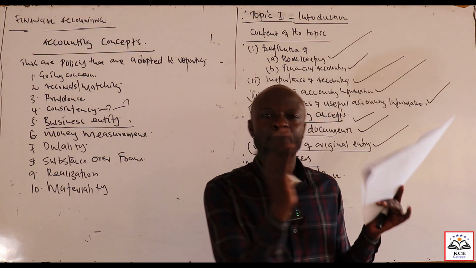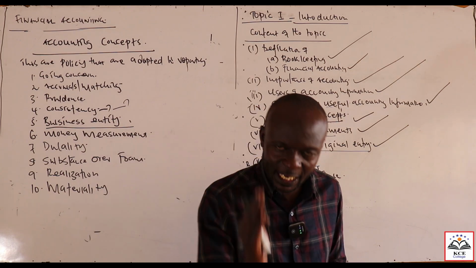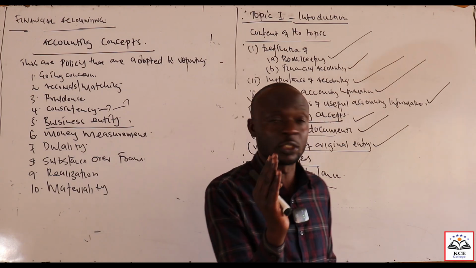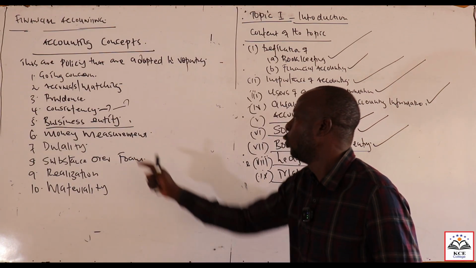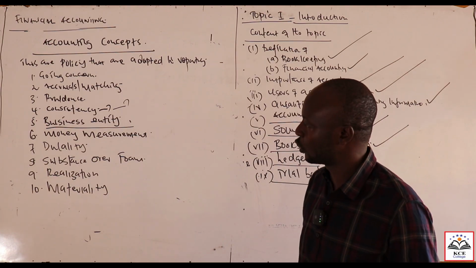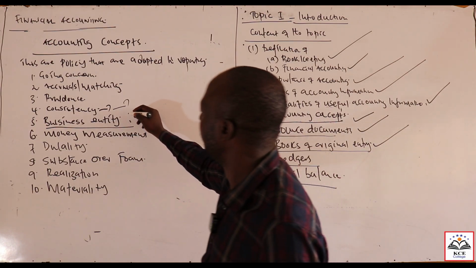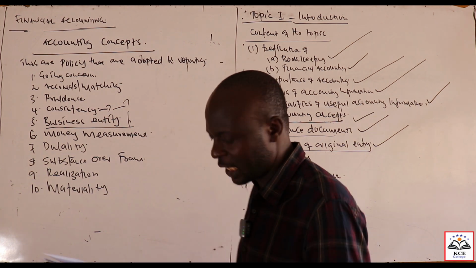Whatever is business and whatever is private should have a very clear distinction. We should be able to tell this is not for business and this is for business. Even for sole proprietorship, we should be able to distinguish between business transactions and private transactions.